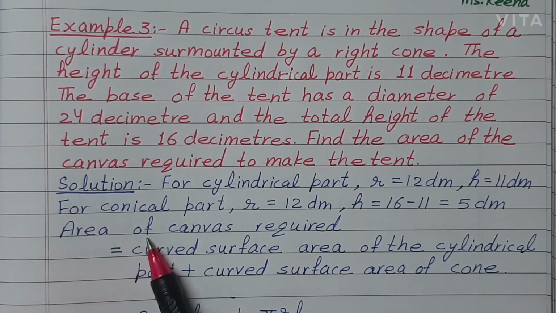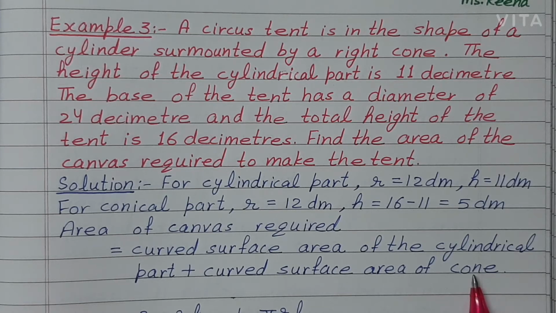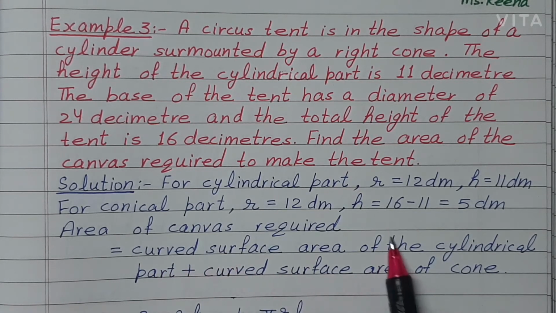So the area of canvas required is equal to curved surface area of the cylinder plus curved surface area of the cone. Students, what is the formula for curved surface area of cylinder?